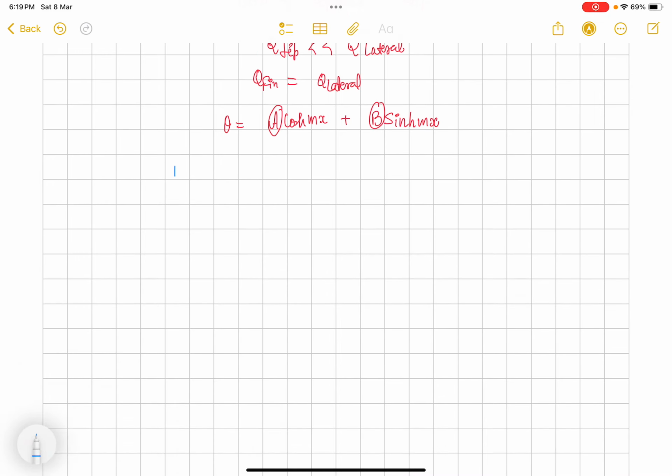So the first boundary condition, we have it at x equal to 0, theta is equal to theta_b, and at x equal to L, the tip, the slope of the temperature profile, or convection to the ambient, is 0.